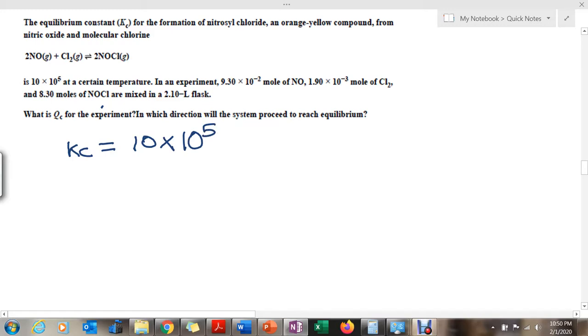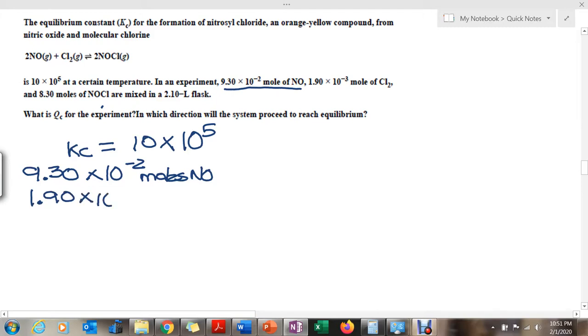In an experiment, they got 9.3 times 10 to the negative 2 moles of NO. You got 1.90 times 10 to the negative 3 moles of Cl2.